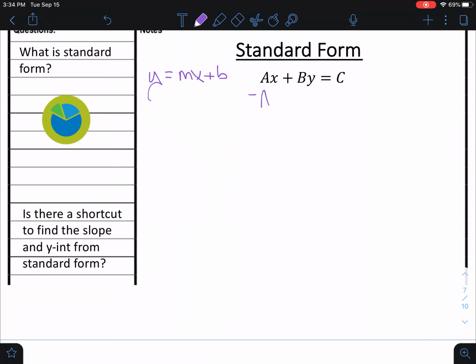So if I said, all right, that means going subtract ax from both sides, I would get by equals, I'm going to write negative ax first, plus c. And now last step would be to divide by b.